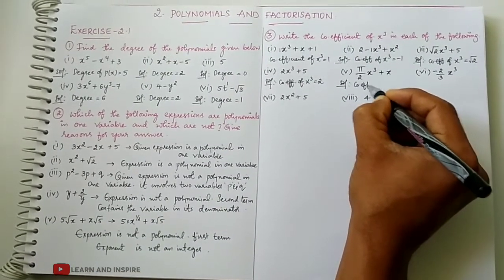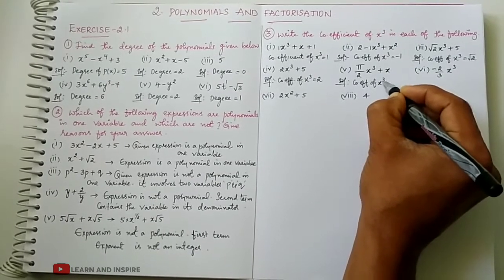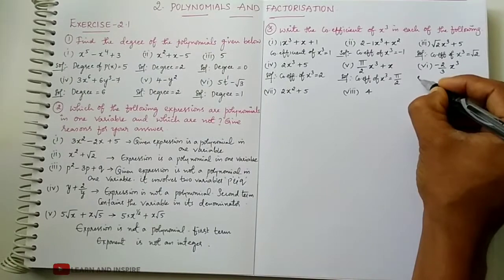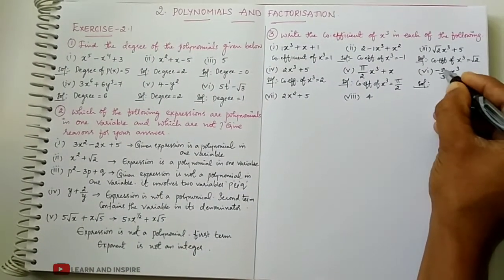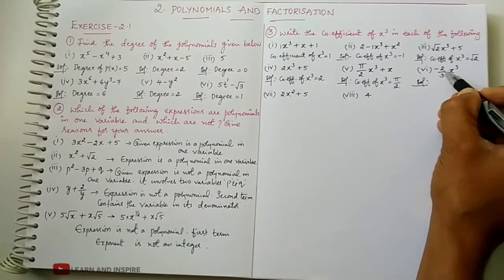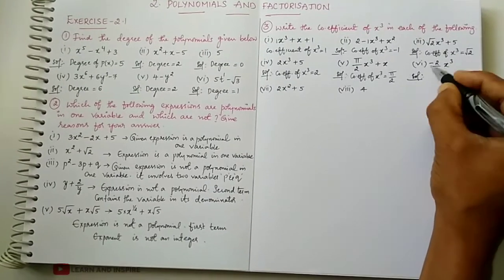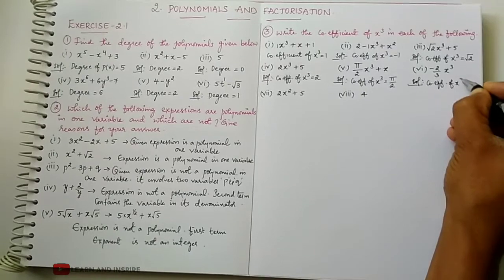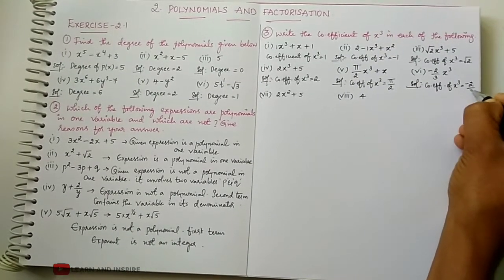Coefficient of x cube is equal to pi by 2. Next one, minus 2 by 3 x cube. So the coefficient of x cube is minus 2 by 3.